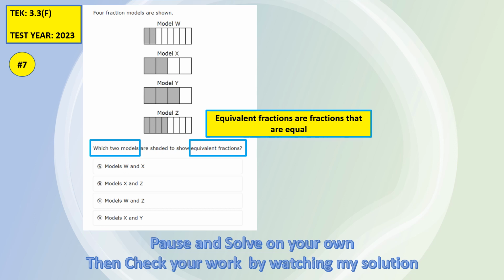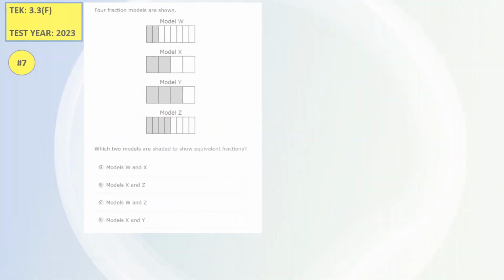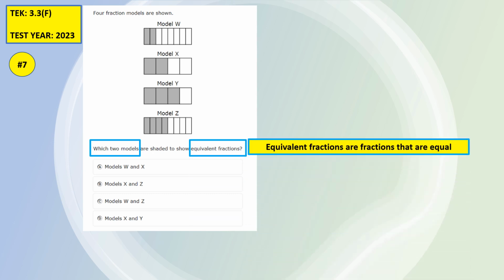Then check your work by watching my solution. Now remember, it's two models that are the exact same or equivalent. Equivalent fractions are fractions that are equal.